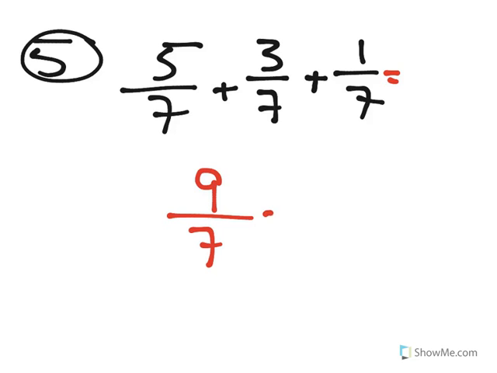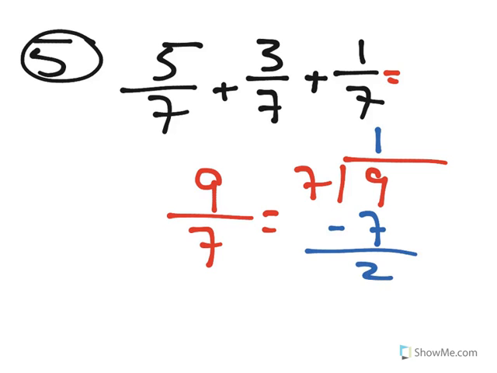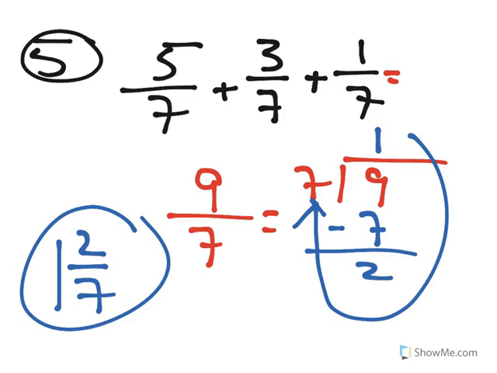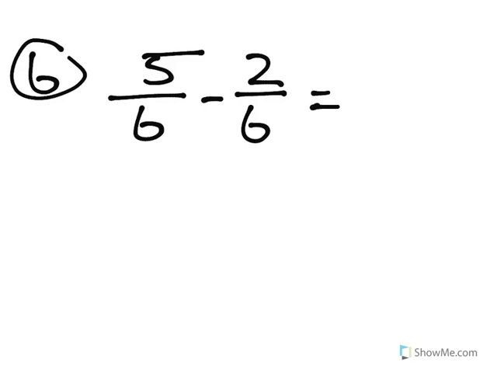So 9/7 is my improper answer, but remember we want it as a mixed number. So I have to divide it out. So 7 goes into 9 one time with 2 left over, and I go clockwise, so 1 and 2/7 is the answer there. Okay, number 6.